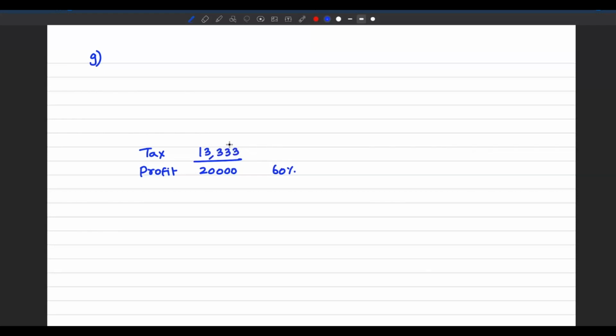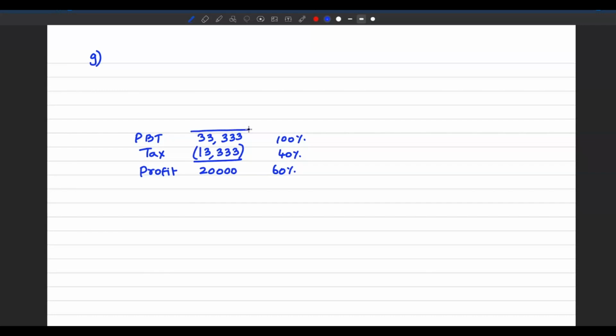So from the profit before tax, we are subtracting 13,333. So we got a profit of 20,000. So what should be profit before tax? Basically the sum of these two items. 20,000 plus 13,333, which is 33,333. So this is 40% tax and this is 100%. It means on this PBT, if you calculate 40%, you will get this figure.